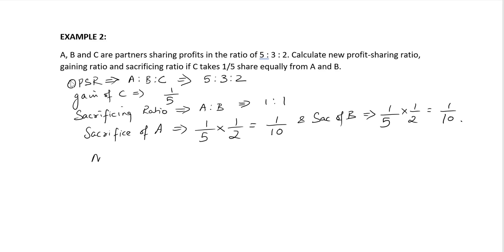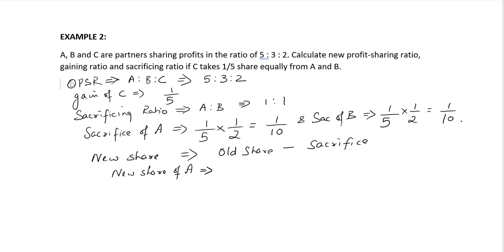So to get the new share, we need to apply the formula old share minus the sacrifice. So for new share of A, old share of A is 5 divided by 10 minus sacrifice of A is 1/10, which is 4/10.